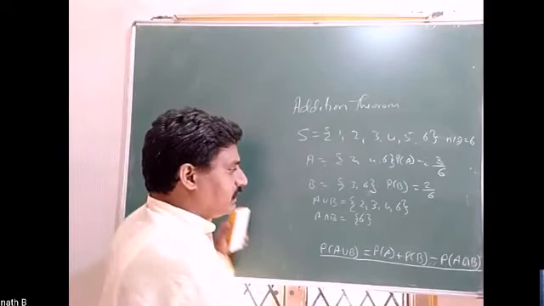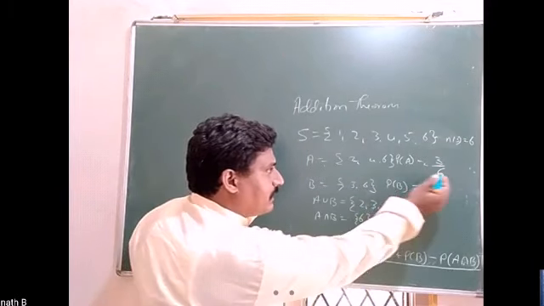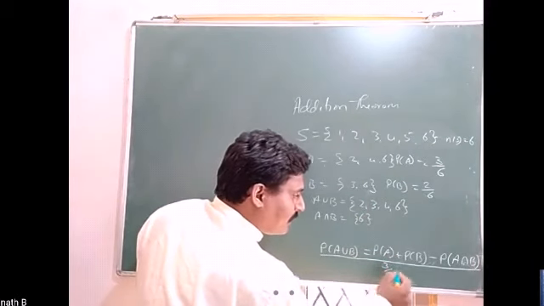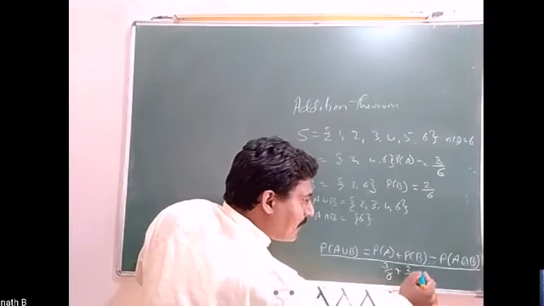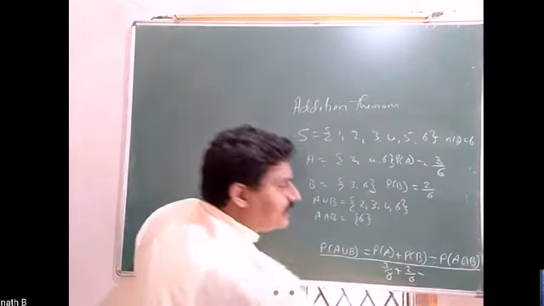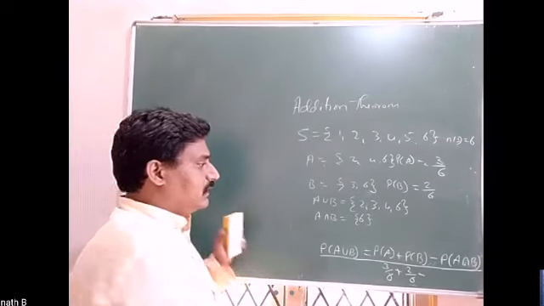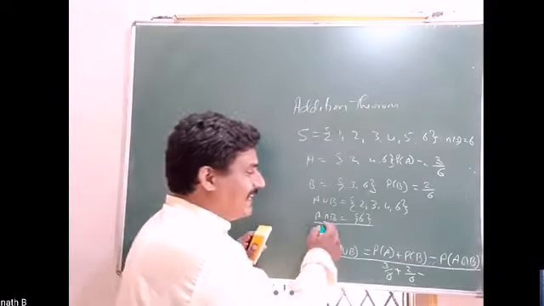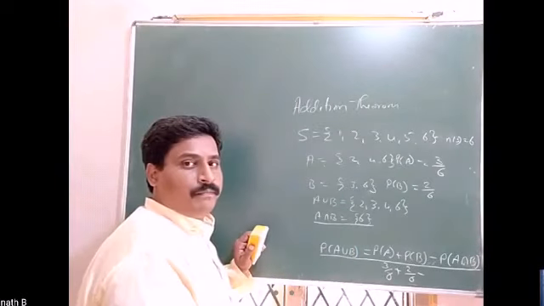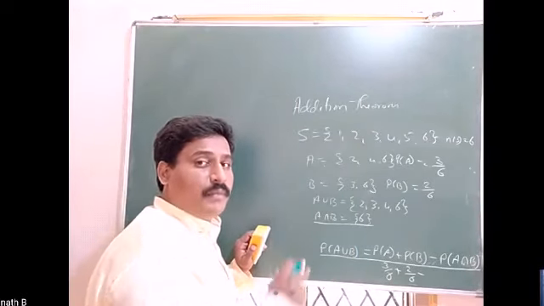Just cross check it. P of A for this example is 3 by 6, plus P of B is 2 by 6, minus P of A intersection B, which is the common element between both.